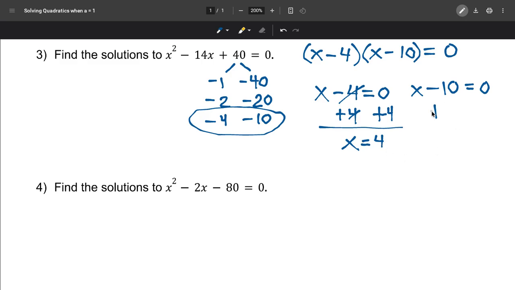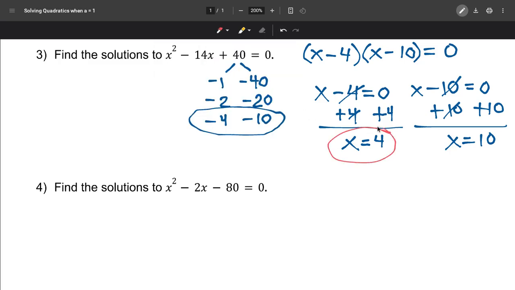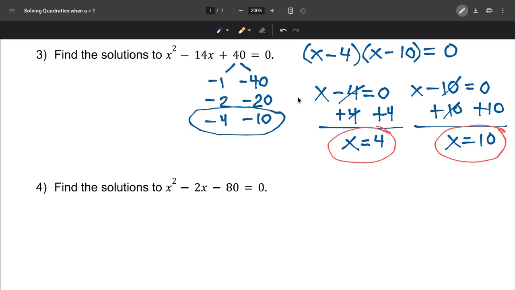I'll add 10 to both sides here. Ten minus 10 is 0, so I get x equals 10. So my two solutions here are x equals 4 and x equals 10. All right, let's try this last one.